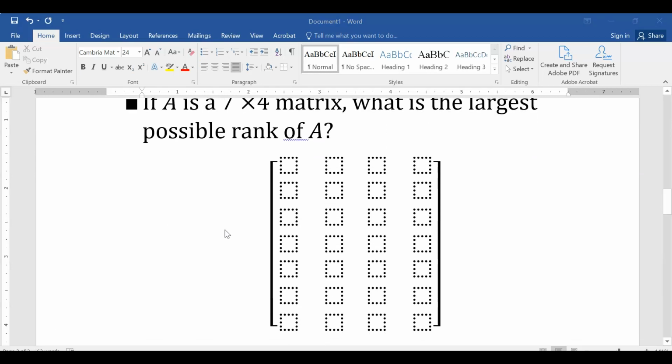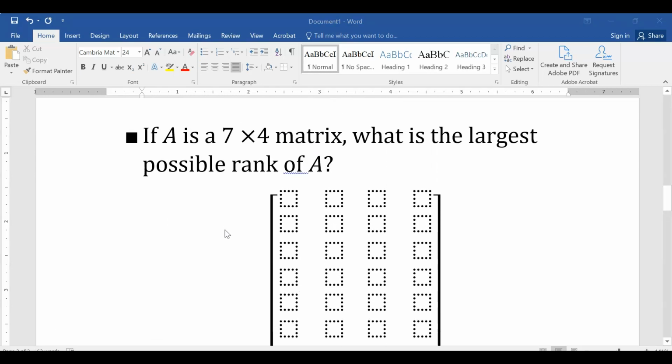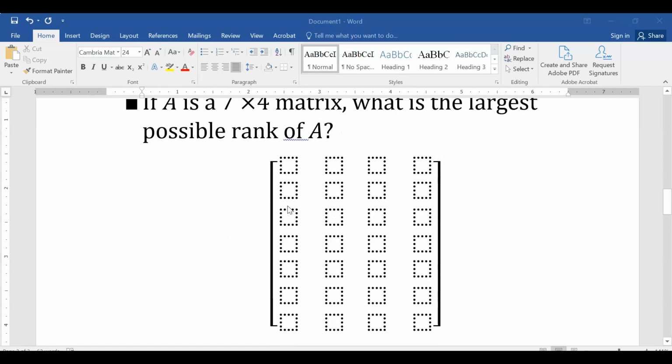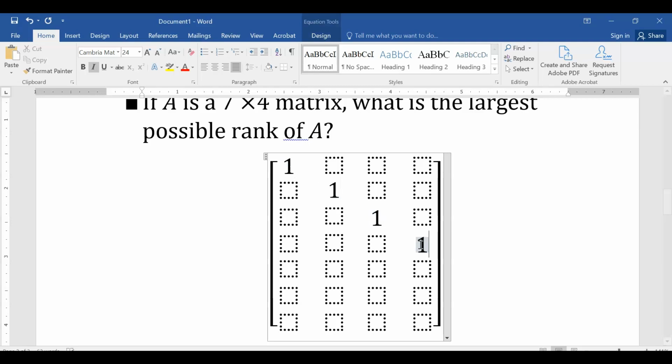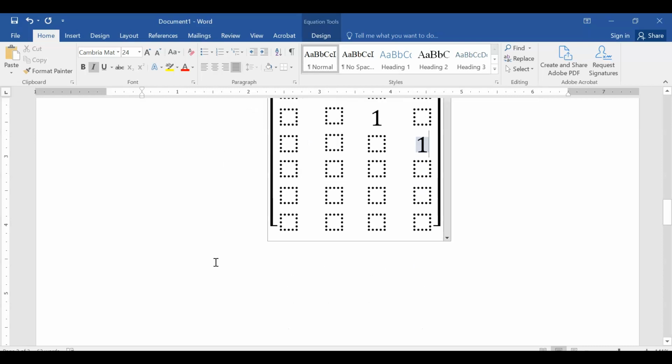So there it is. I just made the 7 by 4 matrix: 7 rows, 4 columns. Now notice the largest number of pivot columns we can have here is 4 because that's the bound. So in this case, the largest possible rank of A is 4.